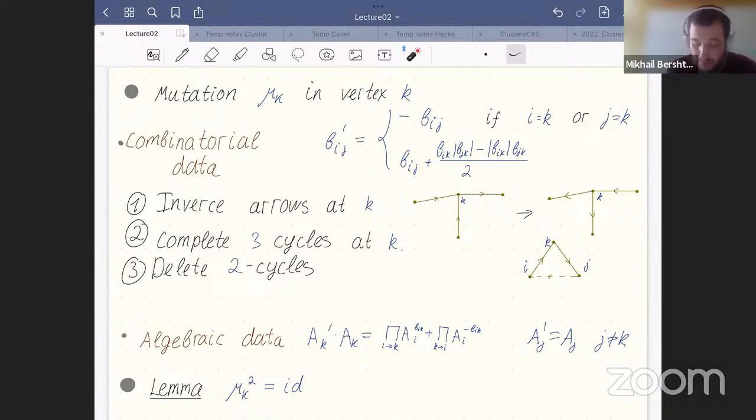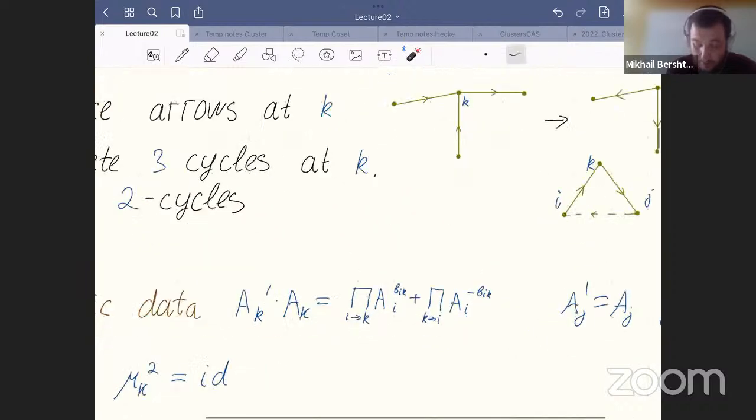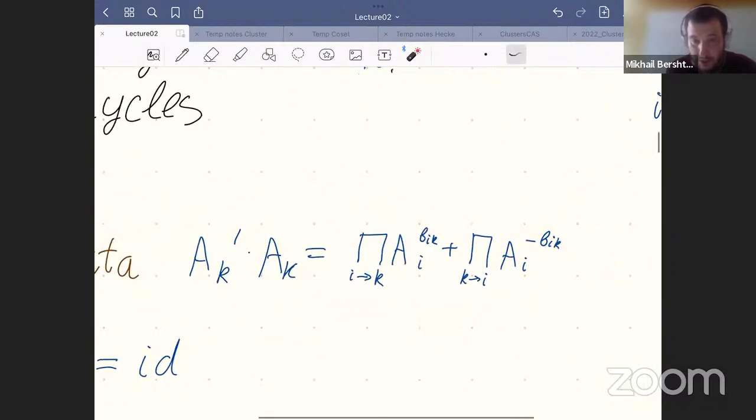And now what does this binomial look like? First, we take the product over all vertices i such that an arrow goes from i to k. This i to k arrow, in other words, means that this number b_ik is positive. Let me make the formula larger. And then we add the sum, the product over all b_jk for which b_jk is negative, or maybe 0, it doesn't matter.